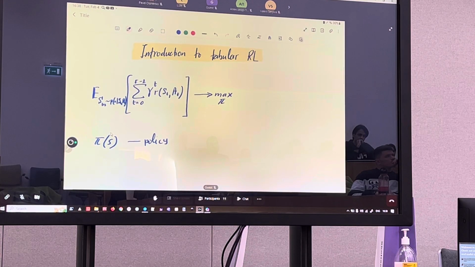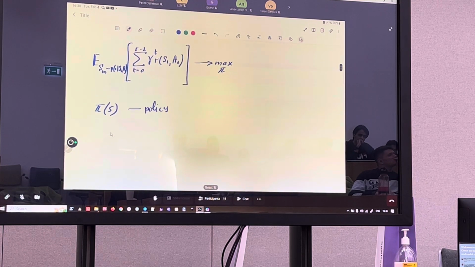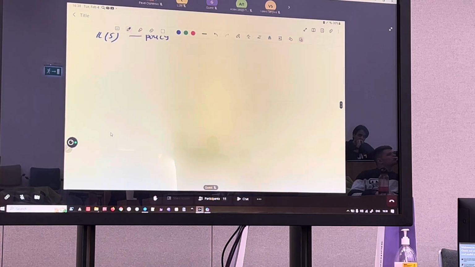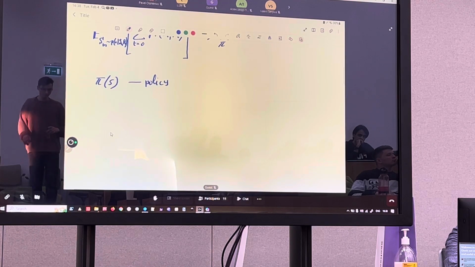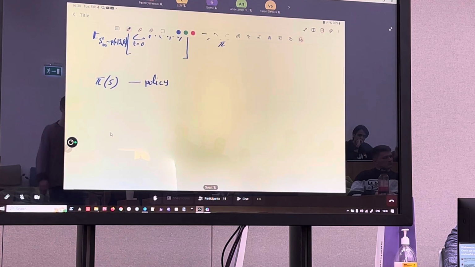But another perspective on this problem is from the standpoint of the good old dynamic programming. Which of you have heard of dynamic programming? Just this term.